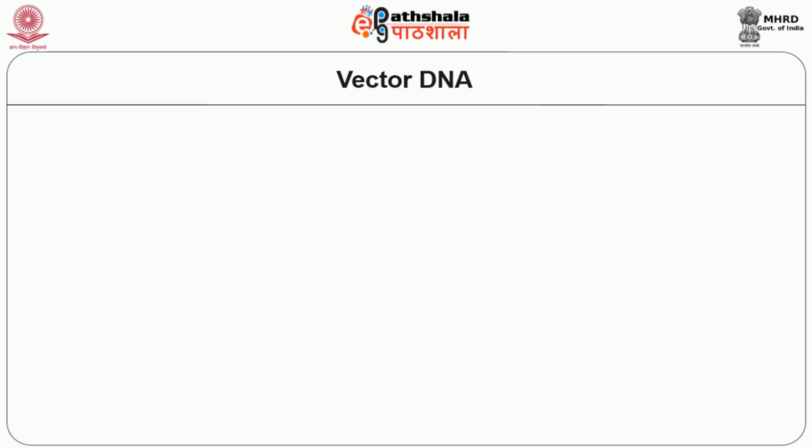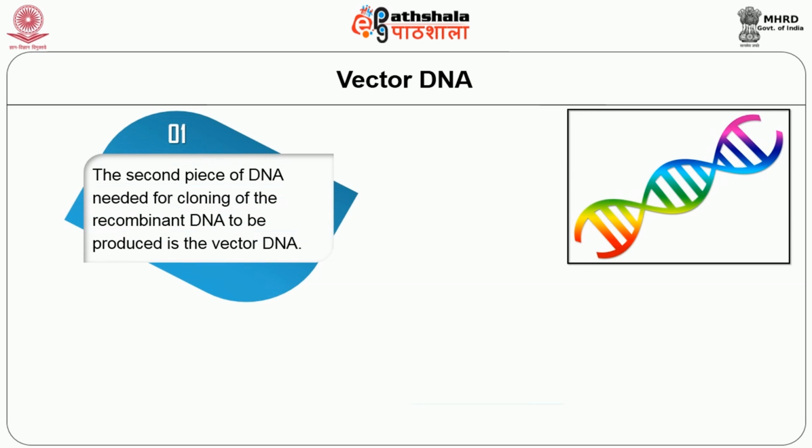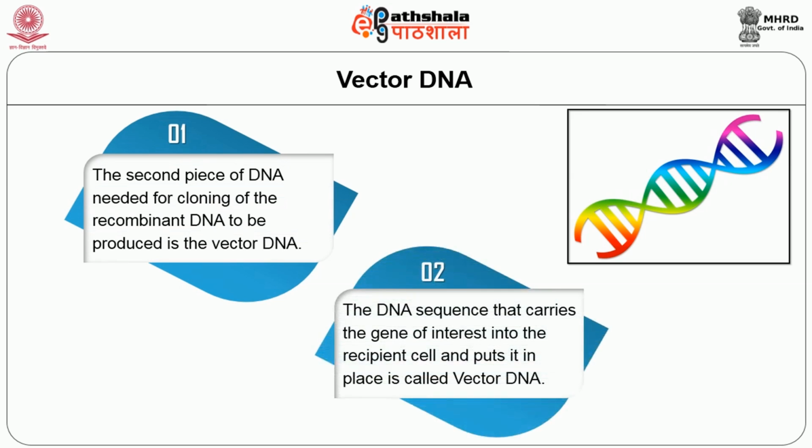Now, let us consider the vector DNA. The second piece of DNA needed for cloning of the recombinant DNA to be produced is the vector DNA. This is the DNA sequence that carries the gene of interest or the insert DNA into the recipient cell and puts it in place.